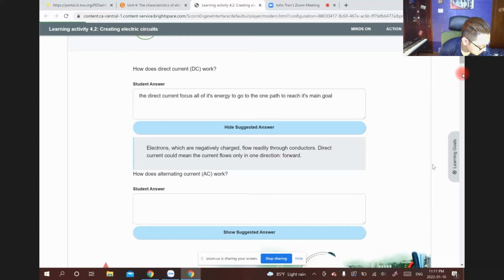Direct current means the current flows only in one direction, forward.